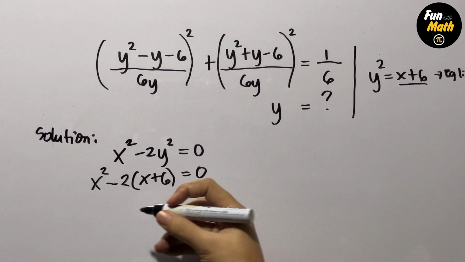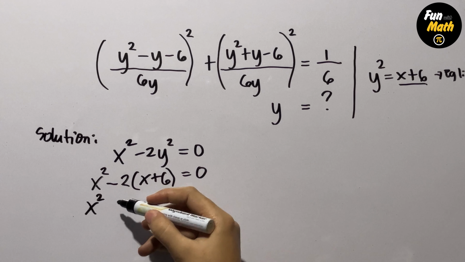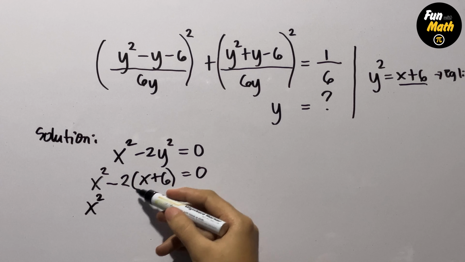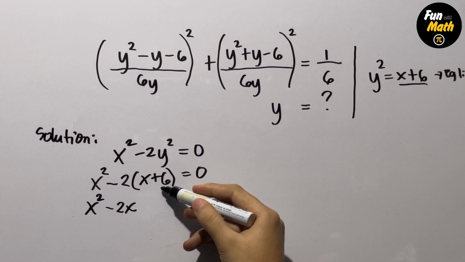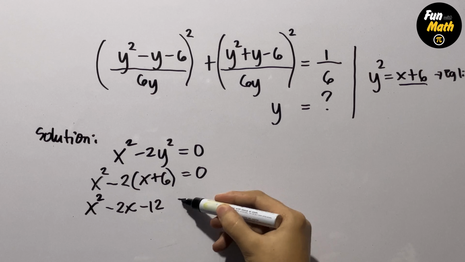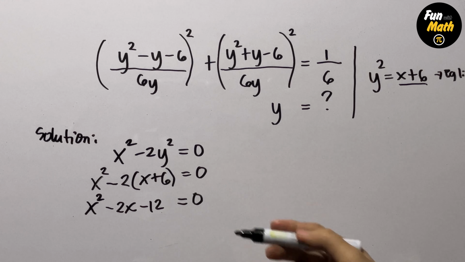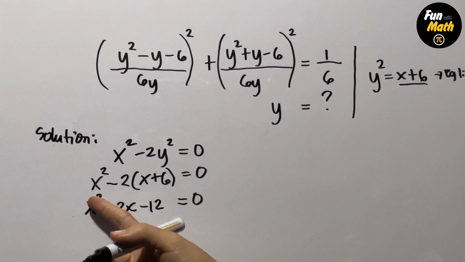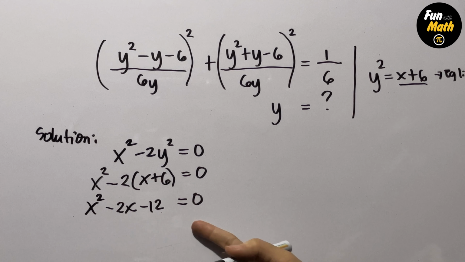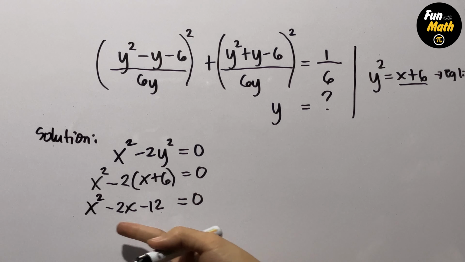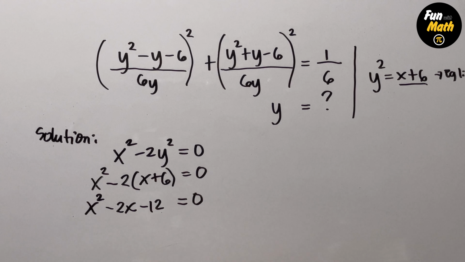Now multiply, this is x squared, negative 2 times x, that is negative 2x, negative 2 times 6, that is negative 12, is equal to 0. Now this is a degree of 2, and this is called a quadratic equation. Now to get the values of x, we can use the quadratic formula.